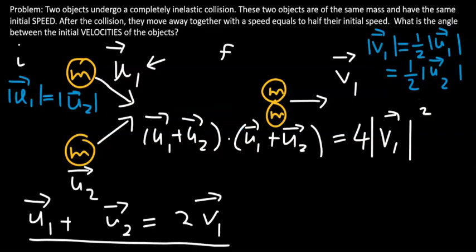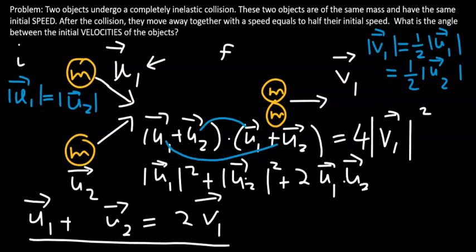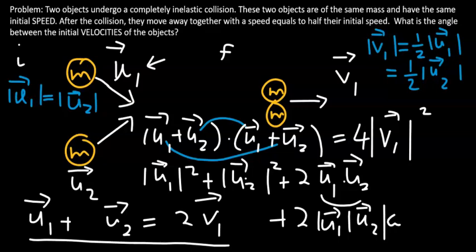So let's do the dot product. u1 and u1 is just the magnitude of u1 squared, u2 and u2 gives the magnitude of u2 squared. The cross terms simply will be 2 u1 dotted with u2. But u1 dotted with u2 is the magnitude of u1, times the magnitude of u2, times cosine of the angle between them, and this is the angle that we're looking for.